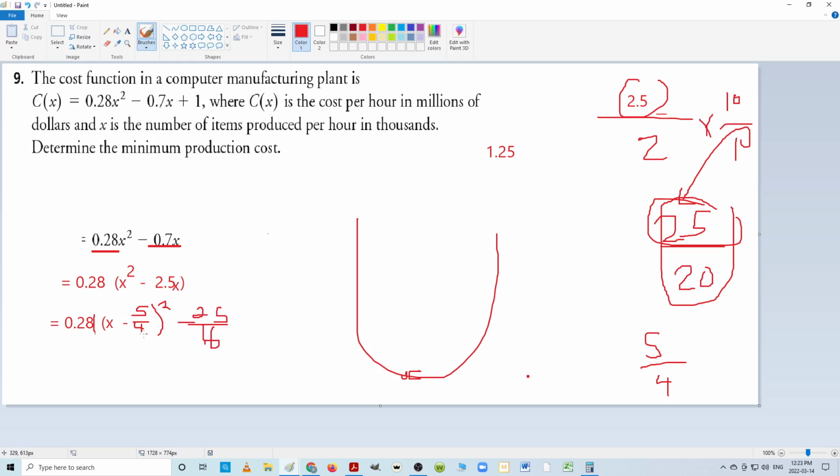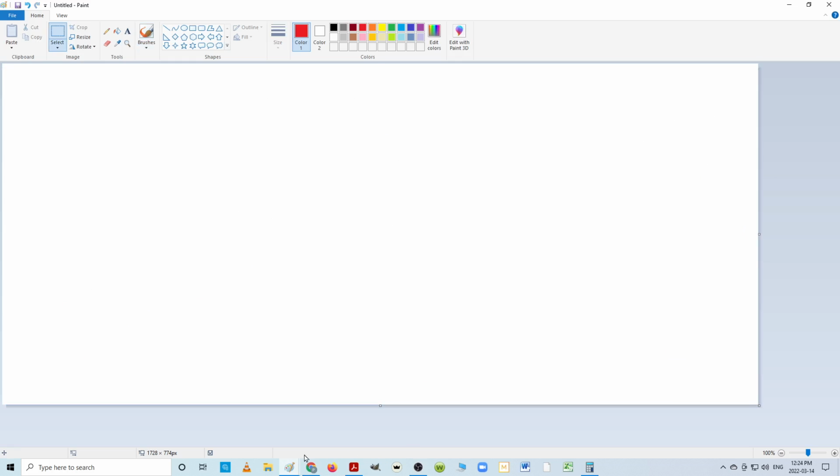Then I can just multiply this by its fraction, which is 28 over 100, and figure out what I have to subtract from the 1. You'll discover you get the same numbers, but some people prefer working with fractions. If you get a decimal that's too long, it's better to work with fractions for accuracy. It depends what your teacher is asking, but ultimately when you read this question, the fractions don't matter.